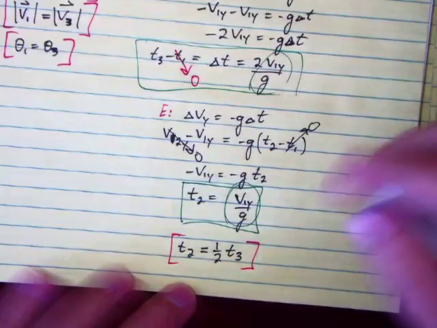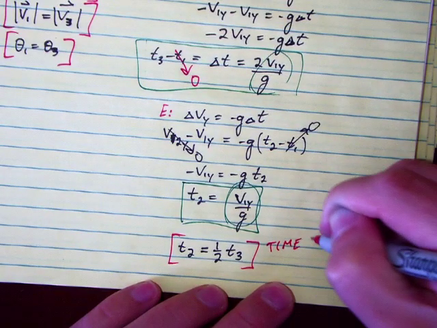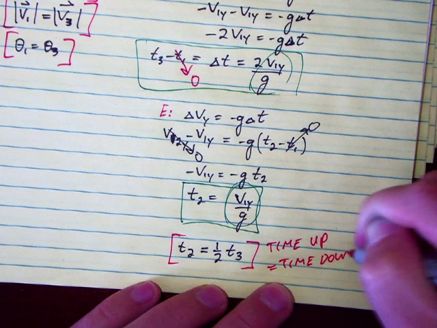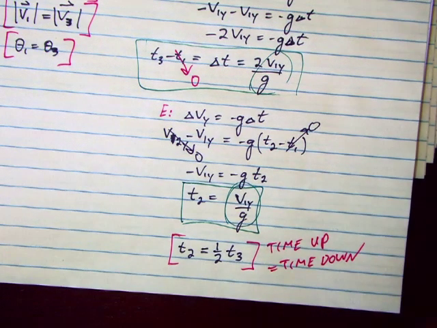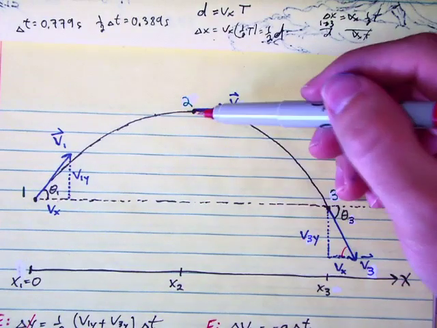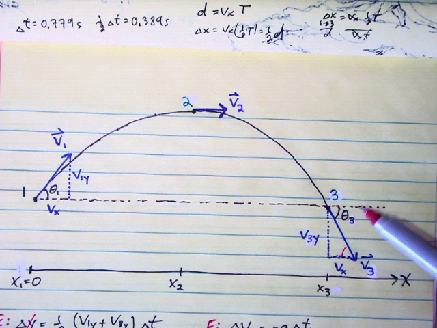Another way of putting that is that the time up is exactly equal to the time down. We just proved that the time it takes to get to the highest point will be exactly equal to the time it takes to get back down once again.